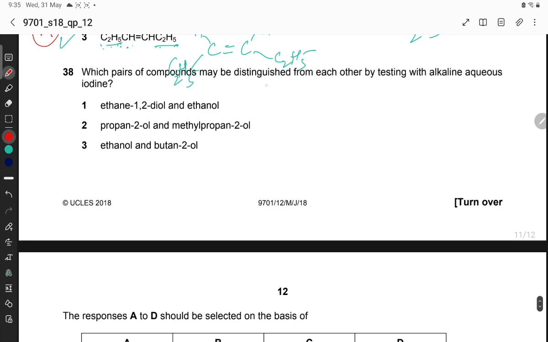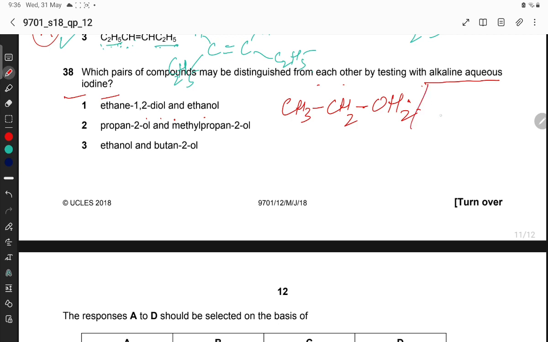Which pairs of compounds may be distinguished from each other by testing with alkaline aqueous iodine? Ethane-1,2-diol and ethanol. CH3CH2OH. So this does not show a positive test, so it can be differentiated using alkaline aqueous iodine, and ethane-1,2-diol can be differentiated.